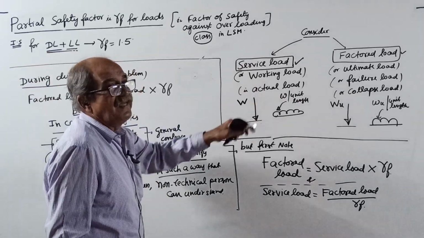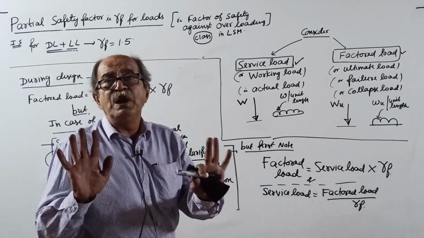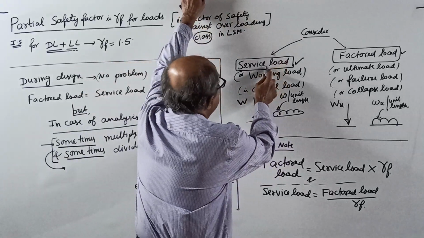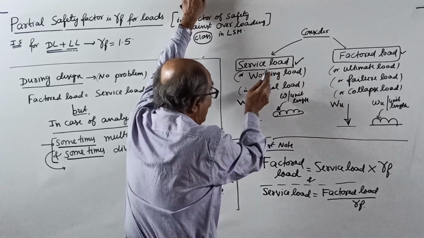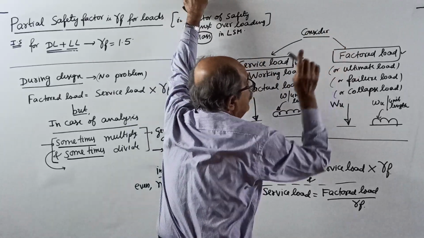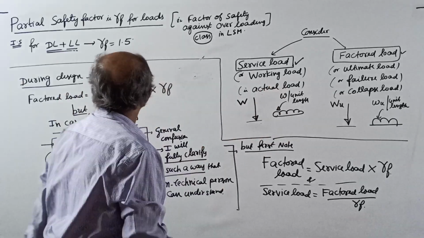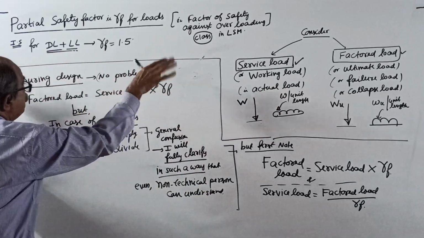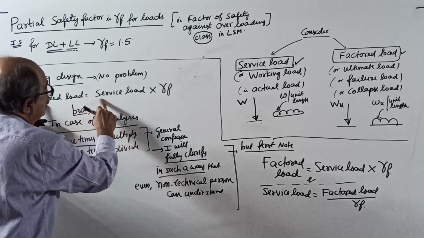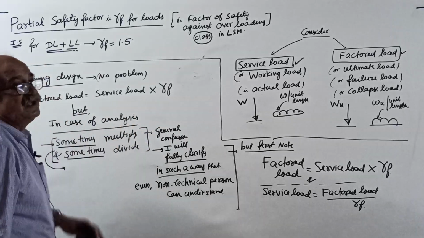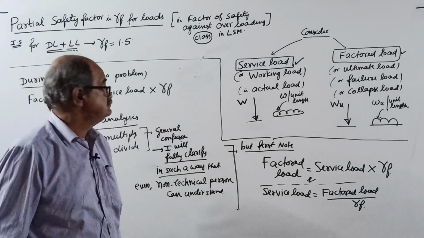Different names are there. Now I will stick to only one word. I will use service load, make a note, means actual load, and factored load is ultimate load. That's all. I won't write everything now. During design, there is no problem. Factored load equals service load into gamma F. Little later you can make out, wait for some time.